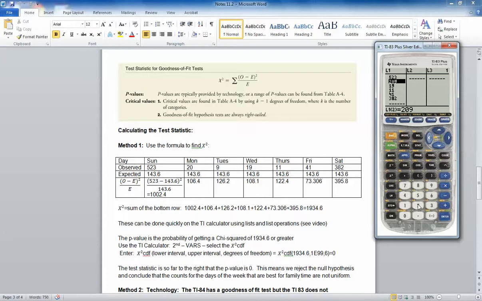That would actually be 20, 9, let's see, let's insert a 9 so I don't have to retype all that again. So now let's check. 523, 20, 9, 19, 11, 41, 382. Okay. Then in list 2 we would have put the expected counts, which is 143.6 for each.